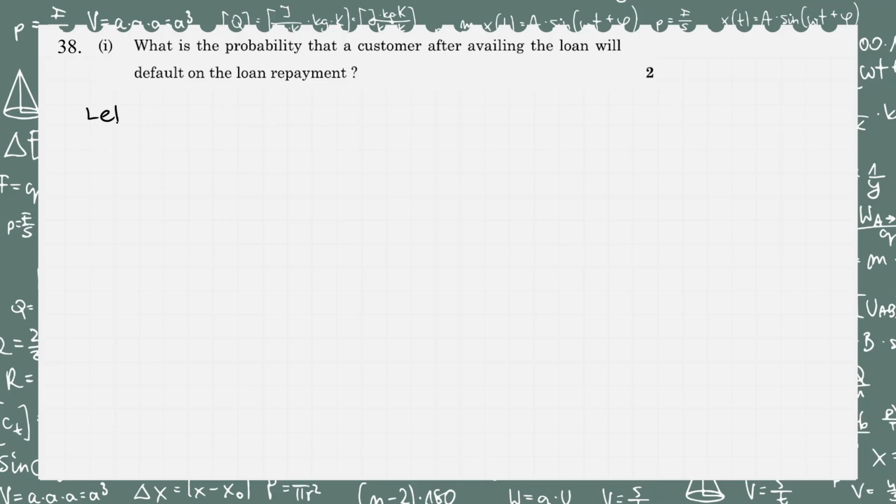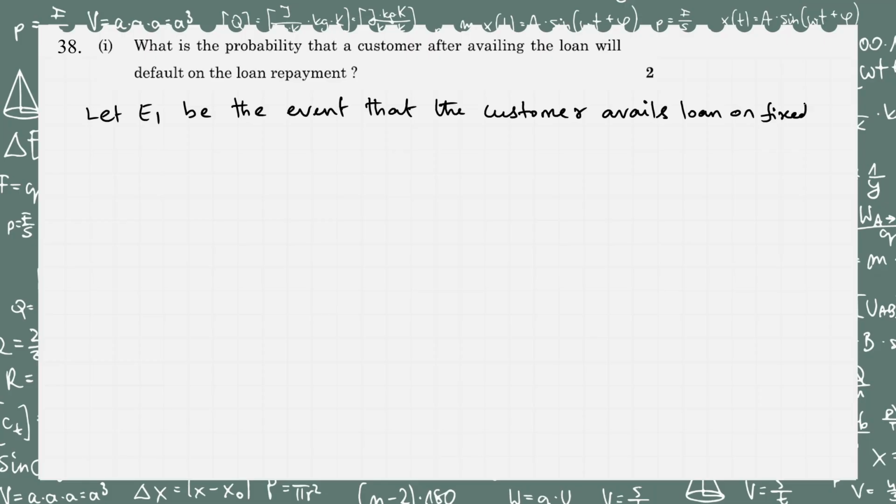So we have to assign, let E1 be the event that the customer avails loan on fixed rate, and E2 be the event that the customer avails the loan on floating rate.